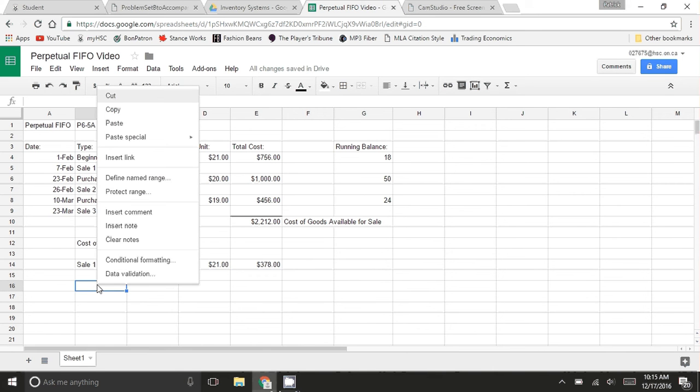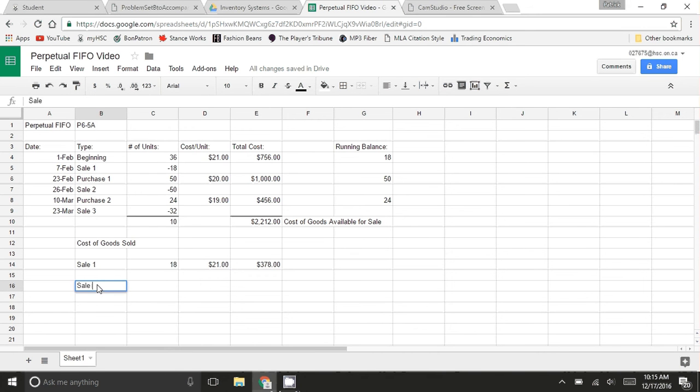Then on sale 2, we sold 50 units, and because we're doing first in, first out, that means that we have to use these 18 first. So I'm going to make this 18 at 21, and then this is now 0, so we have no units left from that initial 36. And then we're going to do 50 minus 18, equals 32. And that gives us 32 more units.